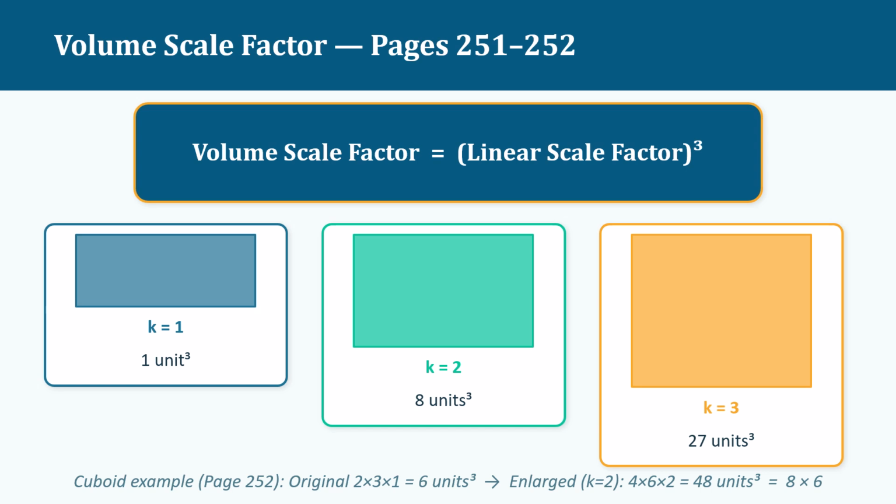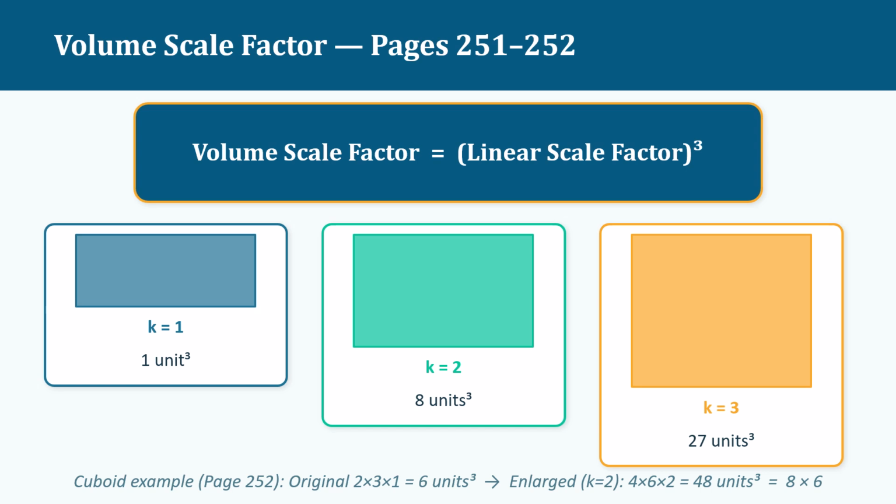Now, the relationship between the linear scale factor and the volume scale factor: we know that 8 is 2 cubed. It satisfies the formula that the volume scale factor is the linear scale factor raised to the power 3. Even if we increase to a third cube, which is 3 units by 3 units by 3 units, the linear scale factor is 3 divided by 1, which is 3.